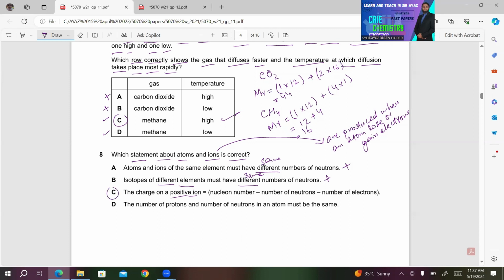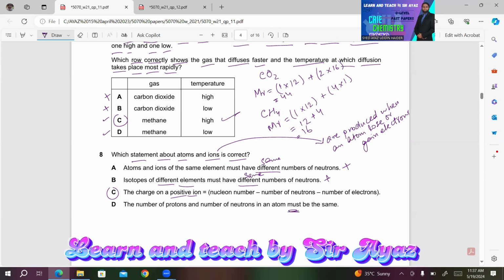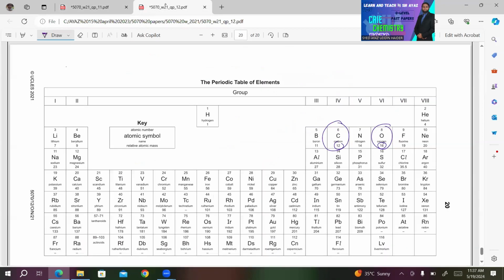For your convenience, I am reading the last statement. The number of protons and number of neutrons in an atom must be the same. They are saying must be the same. Let's look at the periodic table. Let's take 2 examples, nitrogen and lithium. In lithium, if you subtract 3 from 7, you will get the number of neutrons.